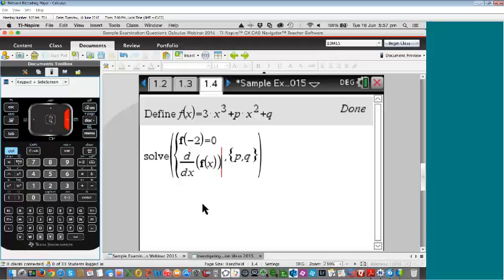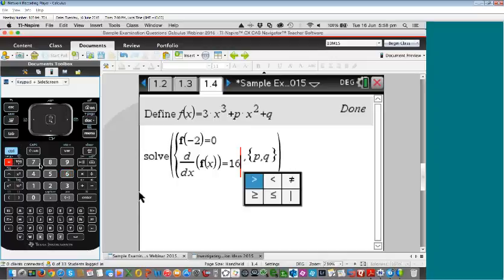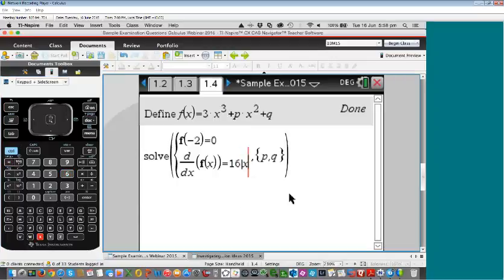We want that to be equal to 16. That is our gradient for the particular point that we're now looking at. So we're differentiating, we're making it equal to 16. But we also need to tell the calculator that we're actually using the point x equals -2. So let's go up to control, go to our given sign, and we're looking at x equaling -2.